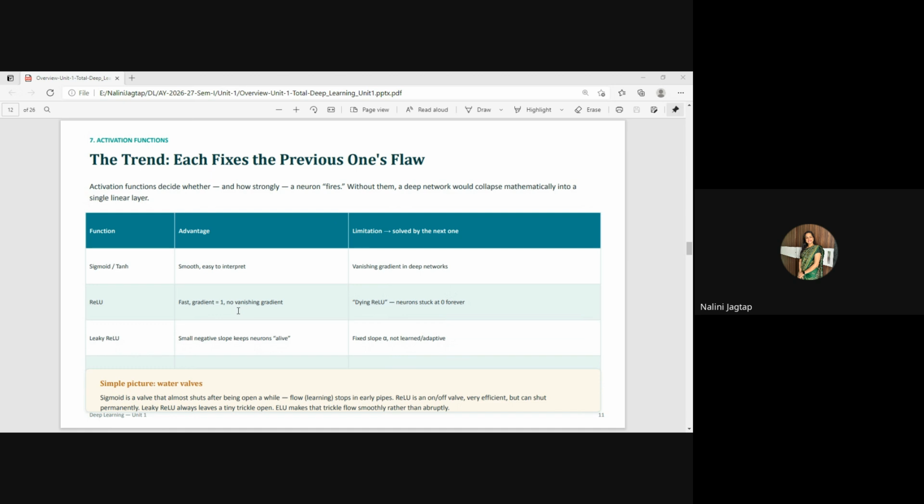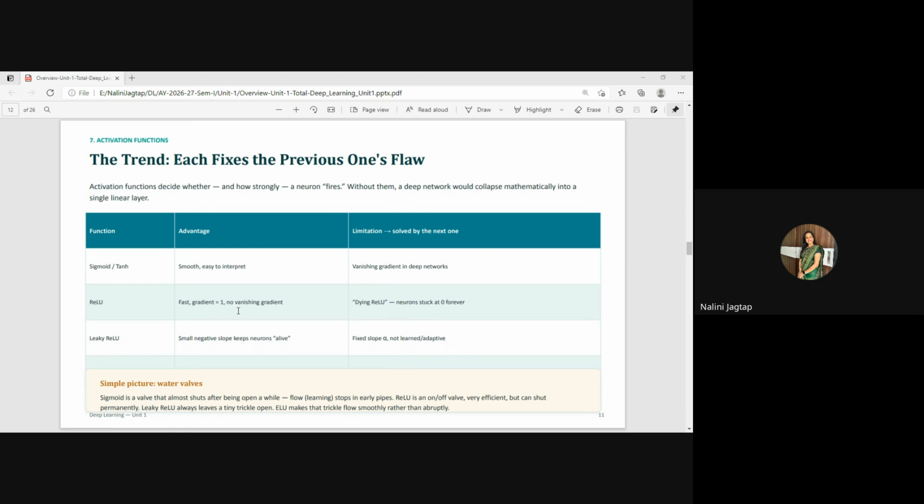Having diagnosed the vanishing gradient as fundamentally an activation function problem, it makes sense to zoom out and preview the entire solution before examining each piece individually. Activation functions exist to decide whether and how strongly a given neuron fires in response to its input.